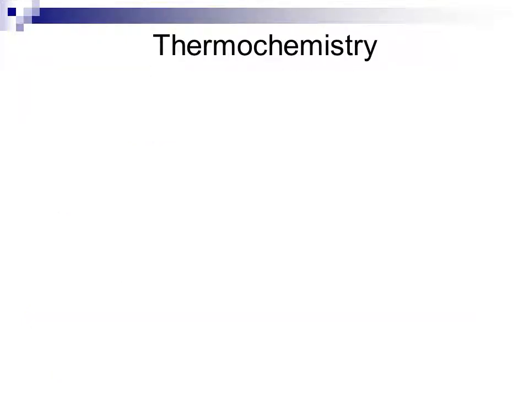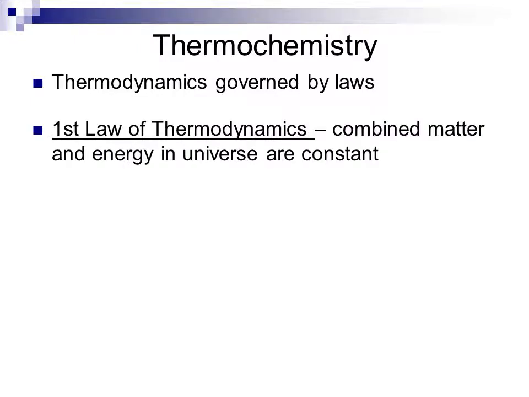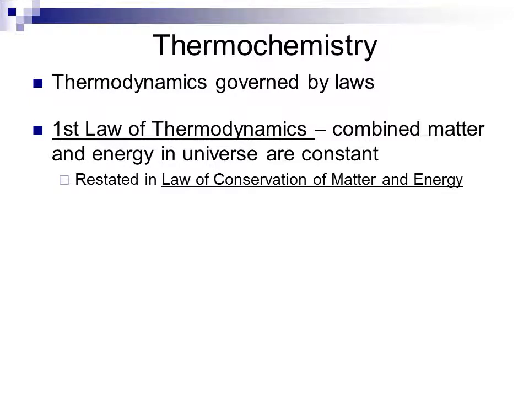Now, thermochemistry and thermodynamics are governed by specific laws. The first law of thermodynamics states that the combined amount of matter and energy in the universe is constant. This is a restatement of the law of conservation of matter and energy that we've talked about in the past, E equals mc squared. This is the reason why a perpetual motion machine fails, because energy is always lost or gained in a process so that it is overall conserved.